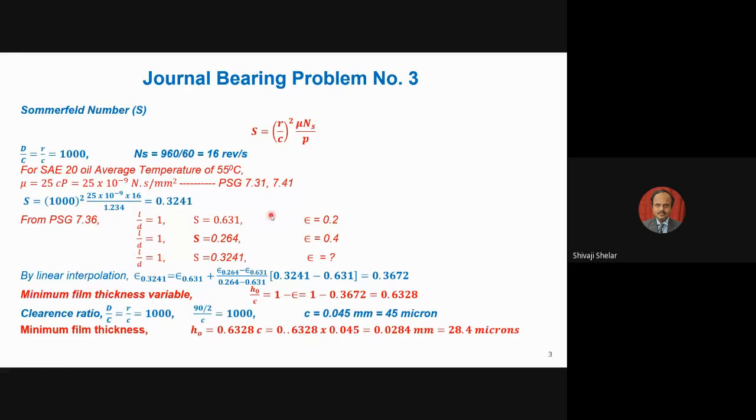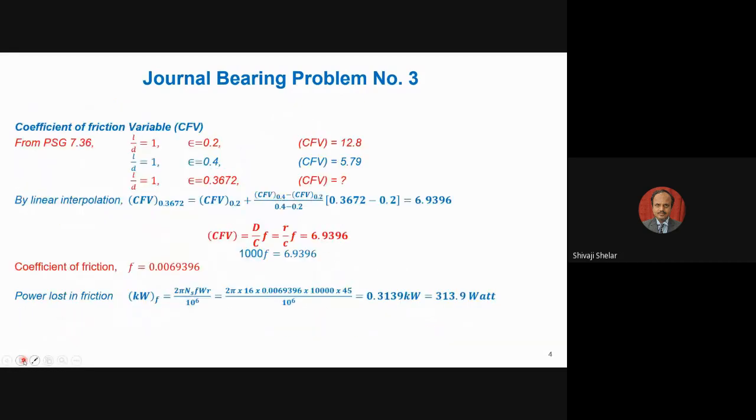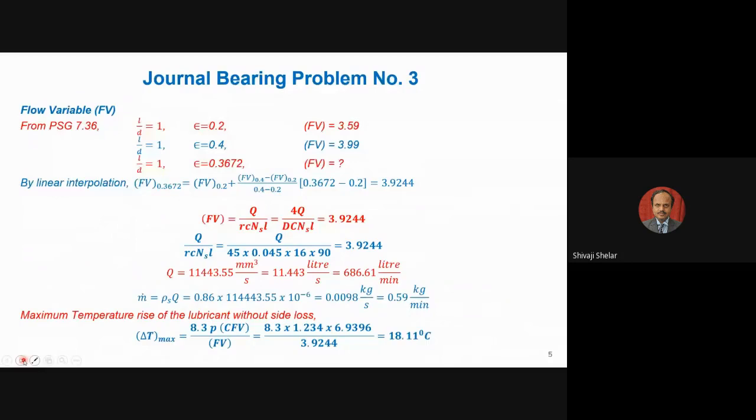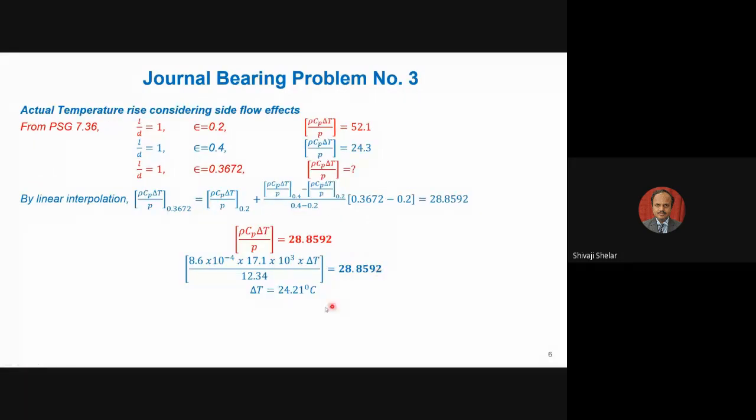So whenever you do the calculation, always check the final viscosity and whether the film temperature is within the range from 55 degrees Celsius to 90 degrees Celsius or not. Otherwise, whatever we are doing on this slide will go wrong. Even if we assume the inlet temperature of oil as 40 degrees Celsius, and our delta T is a maximum of 25 here, 40 plus 25 is 65 degrees, which is within the permissible limit.